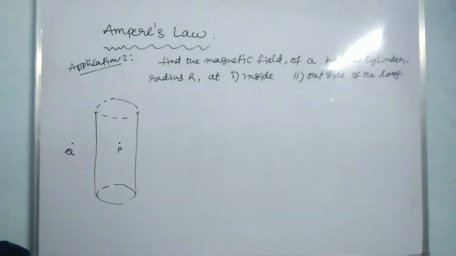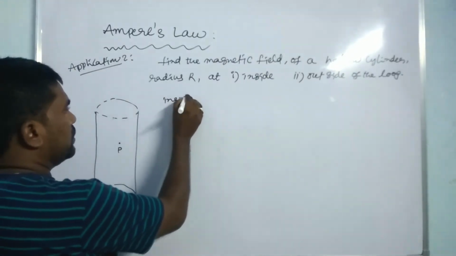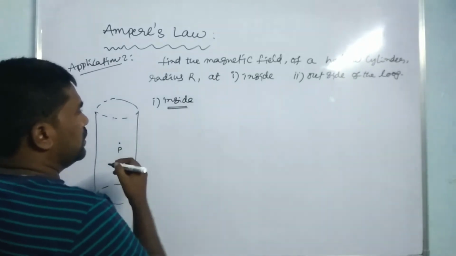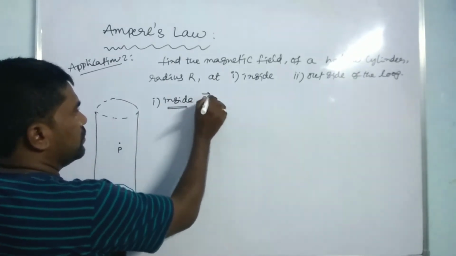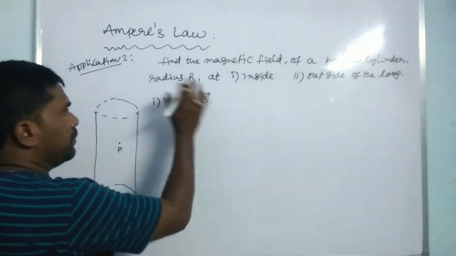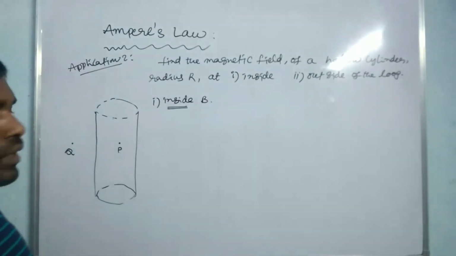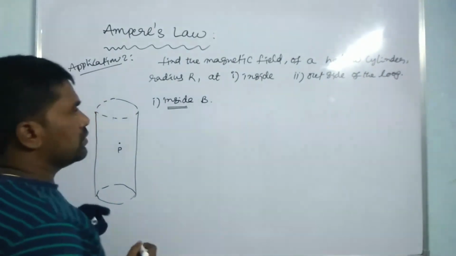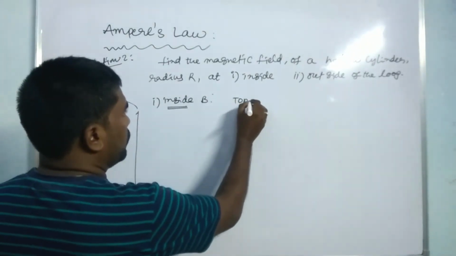Okay, so this is the inside. I have to find the magnetic field inside of the cylinder, the inside B. Here there is a view which you can assume, the top view.